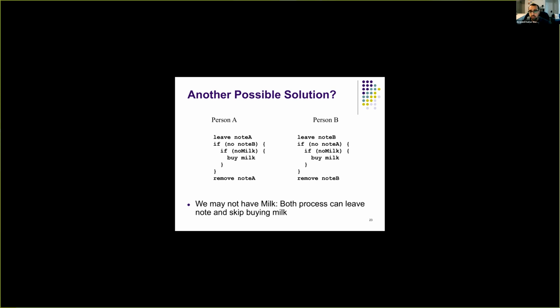It sees a note from process B, so it will not go into the if. It will come out and remove note A. Similarly, process B checks if there is no note from A. However, process A already put the note, so it will not enter the first if, and it will come out and remove note B. So we may not have the milk, right?